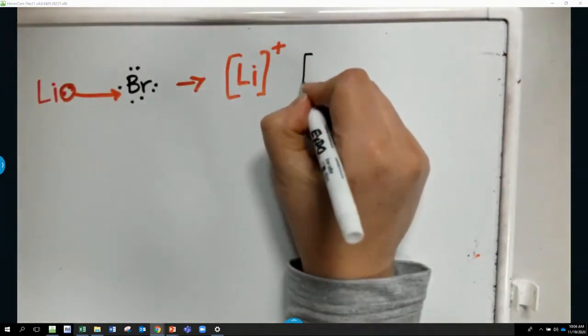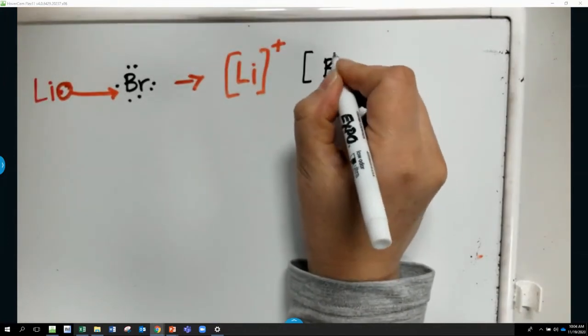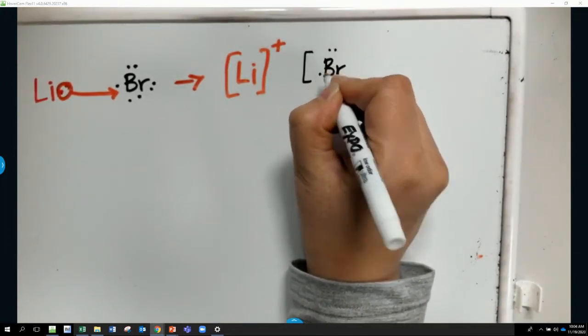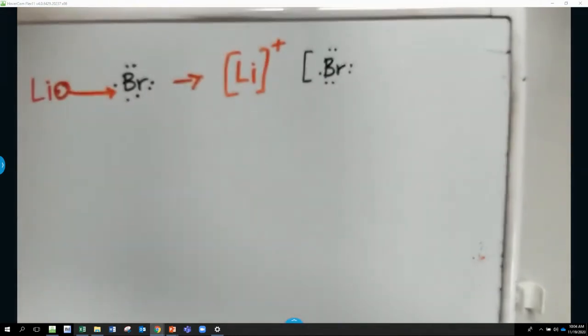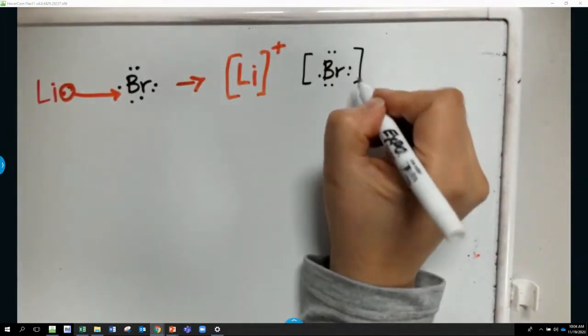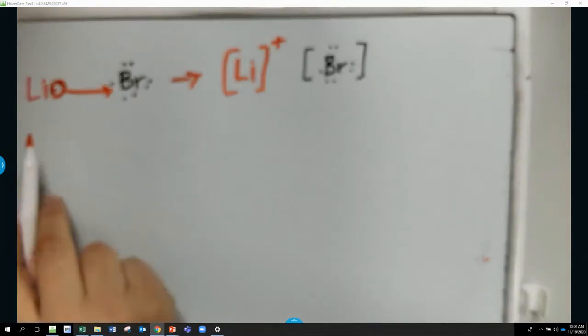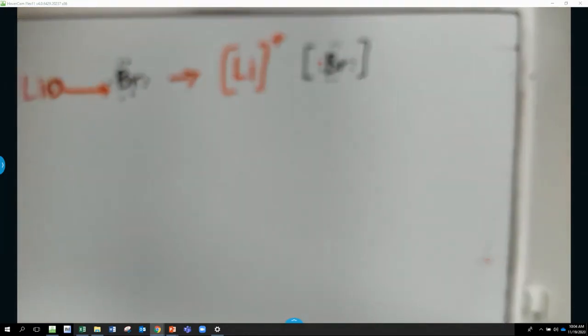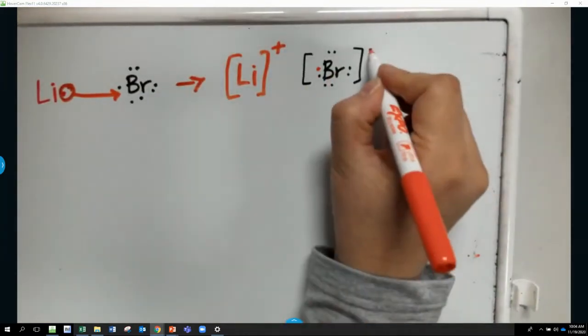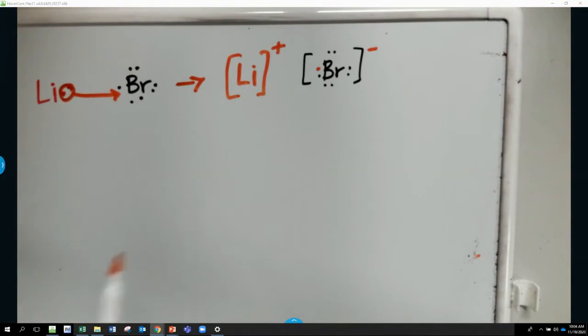Bromine originally had 7 electrons, but now it got 1 from lithium. So now it has 8 electrons total. It's got 1 extra, so that's a minus charge.